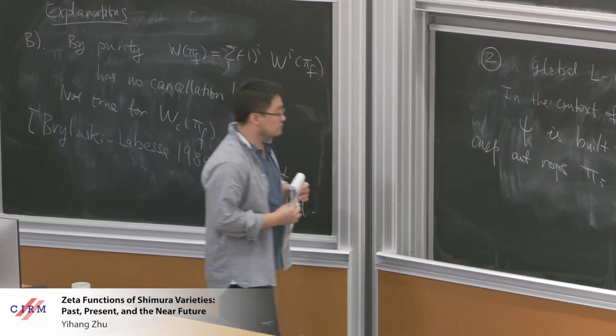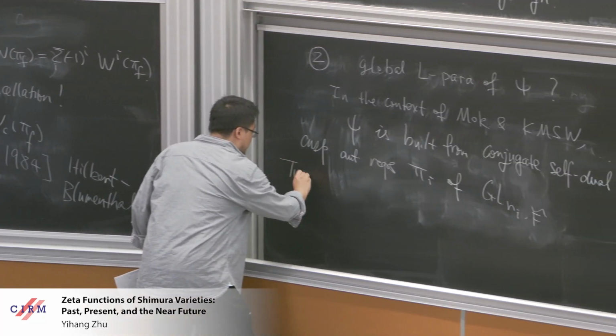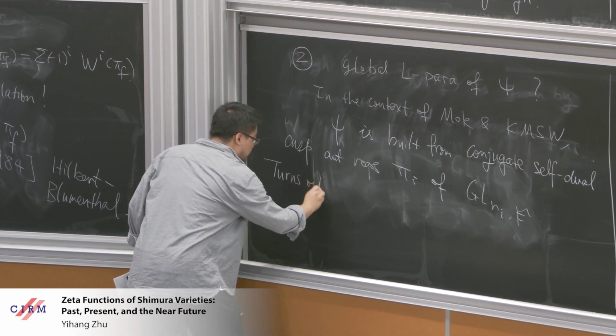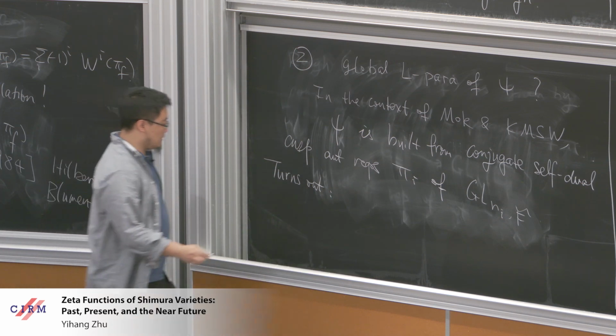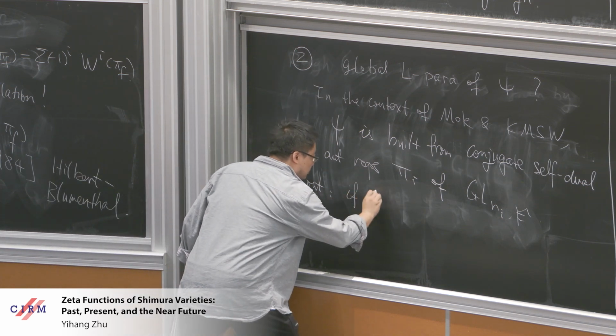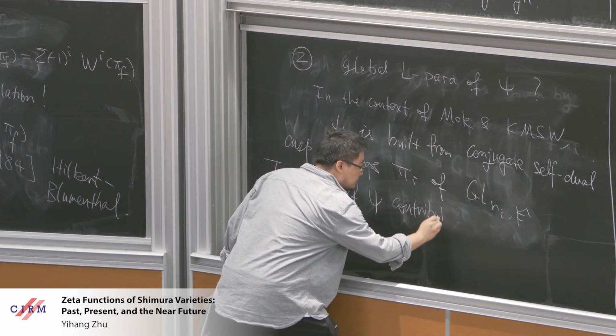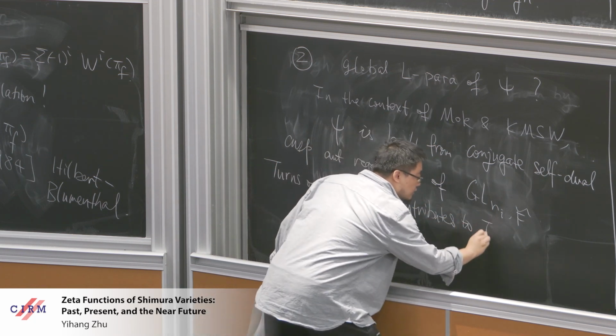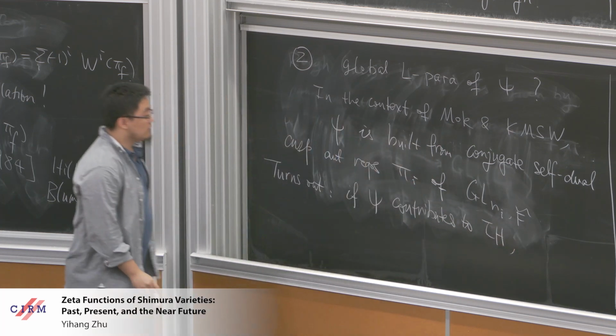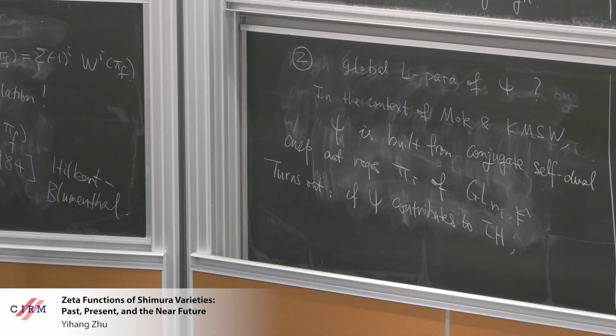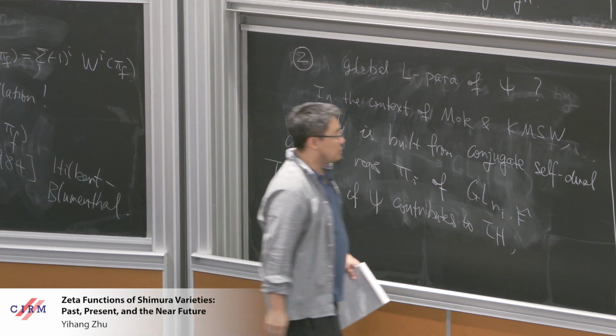And it turns out that if psi contributes to the intersection cohomology, then each pi_i turns out to be essentially regular algebraic.